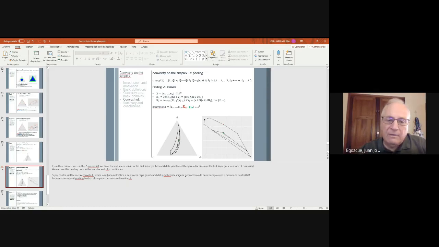And now the problem is to identify the sources. The algorithm that Belge presented is based on the convex hull of the points in the simplex in the Euclidean sense. And now the question is, has it any sense to do this in coordinates in the Aitchison geometry? Probably yes, I don't know.